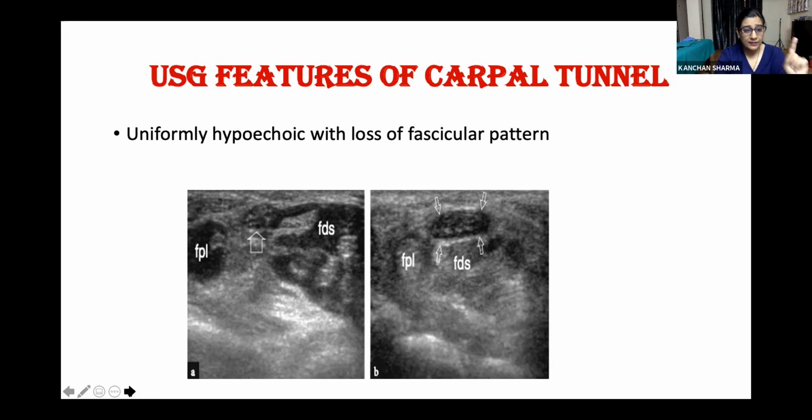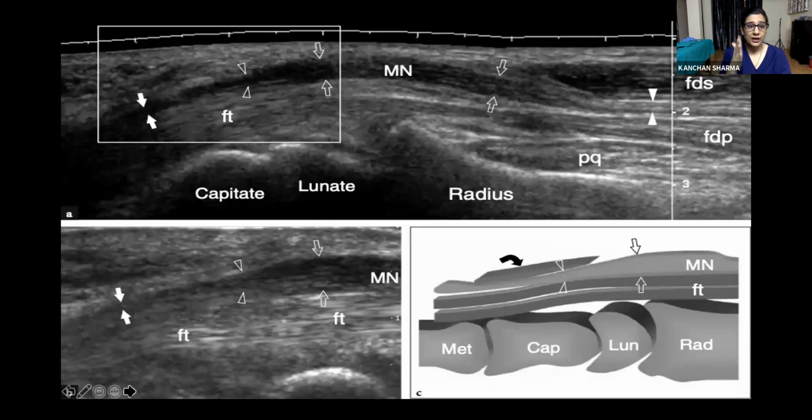That is the first thing. Second thing, if you are putting it in the long axis, what usually happens whenever there is an entrapment? If this is the nerve which is traveling, and you have an entrapment here, you have a proximal dilatation of the nerve. Then within that entrapment, the nerve will be compressed, and then it will become normal. This is the normal pathology which happens in all the nerves.